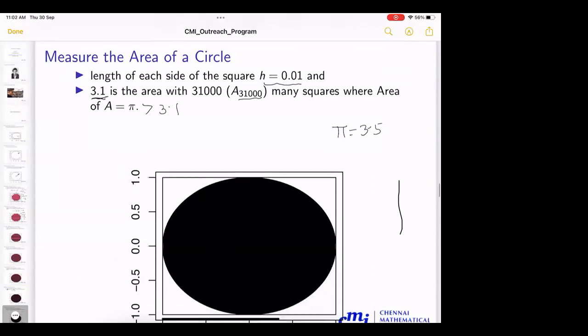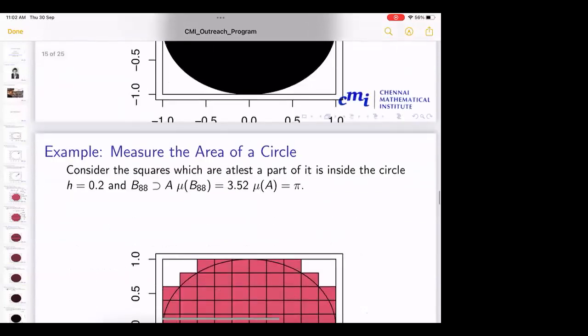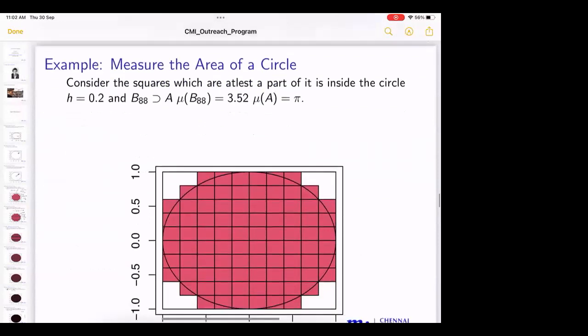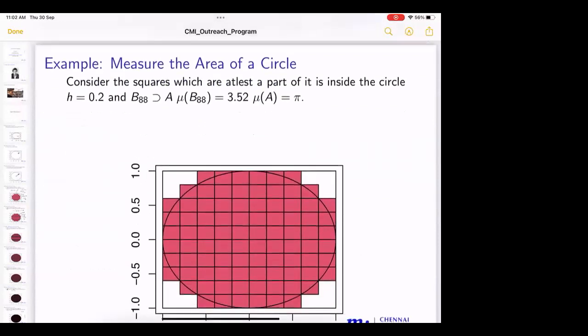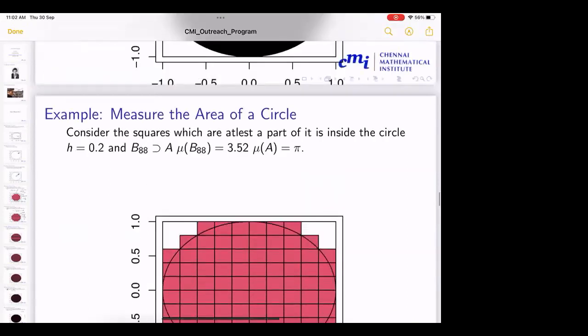So now we take another approach. This time the approach is we will take the squares, and as long as one of the vertices is inside the circle, I will take it. So previously what was my strategy? Let's go back.